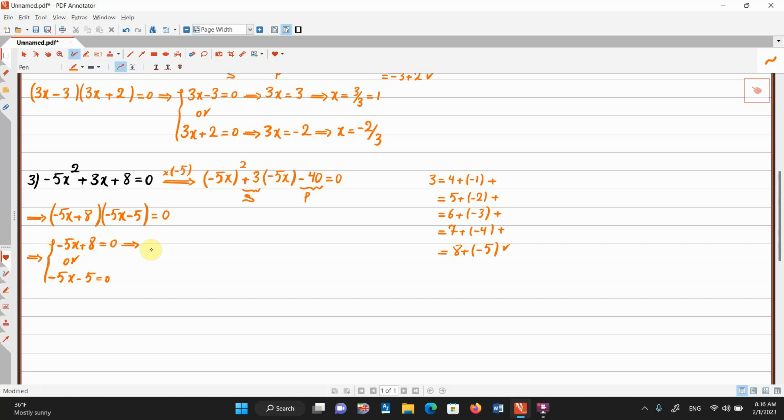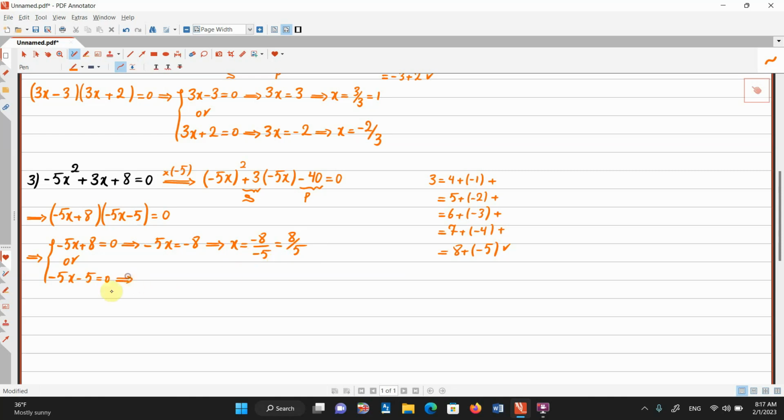Solving the first linear equation will result in negative 5x equals negative 8, and dividing both sides by negative 5 will give us x equals negative 8 over negative 5, and simplifying this fraction gives us 8 over 5.